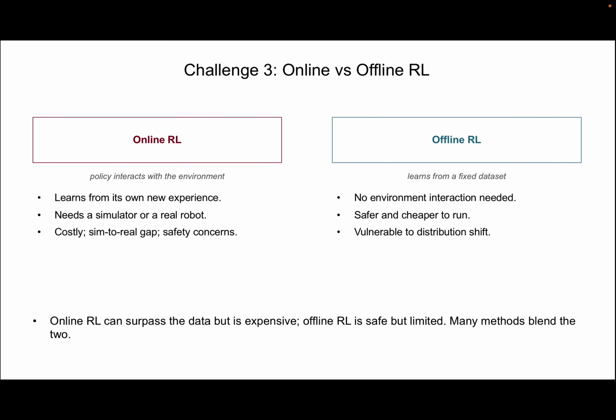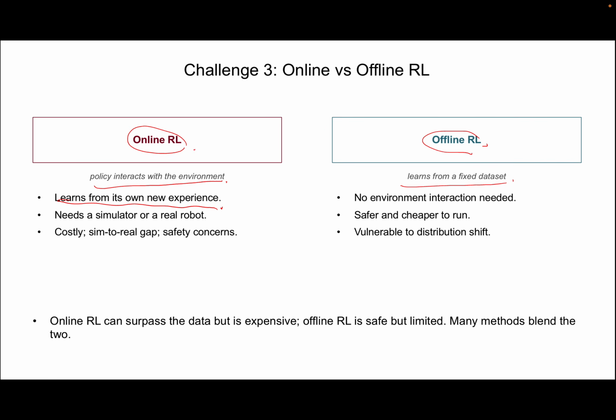And the third challenge is online versus offline reinforcement learning. In online reinforcement learning, the policy interacts with the environment. Offline means learning from a fixed dataset. Online means learning from its own new experience, in simulators or on real robots. It's costly, has a sim-to-real gap, and raises safety concerns, but one good point is that it learns from its own experience.